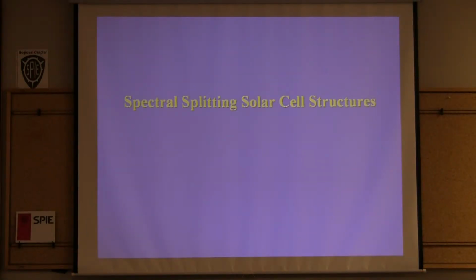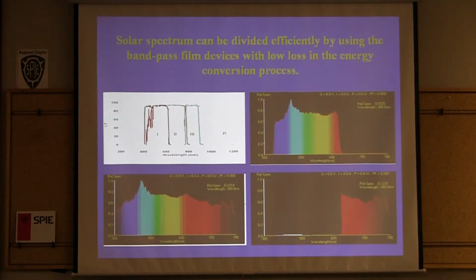So we are trying to use another technology to solve the problem. We can design a special narrowband filter to divide, like in telecommunication. We can use the filter to divide the solar spectrum into 3 ranges or more.